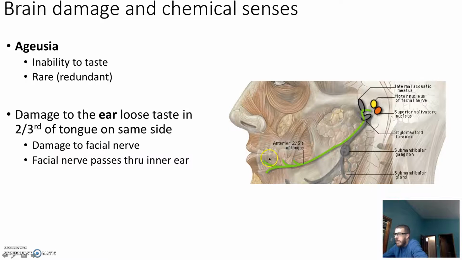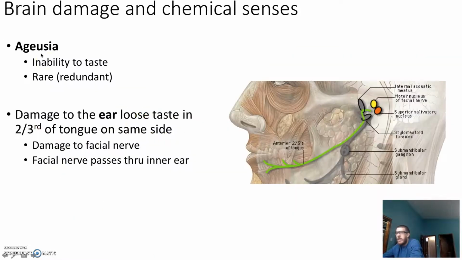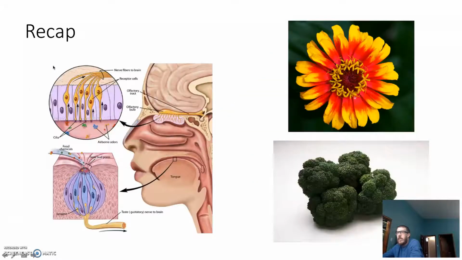And you'll lose the ability to taste on the anterior 2/3 of your tongue, only on the same side as the damage to your ear. So this is called ageusia. So we have ageusia and anosmia, or the inability to taste and to smell.